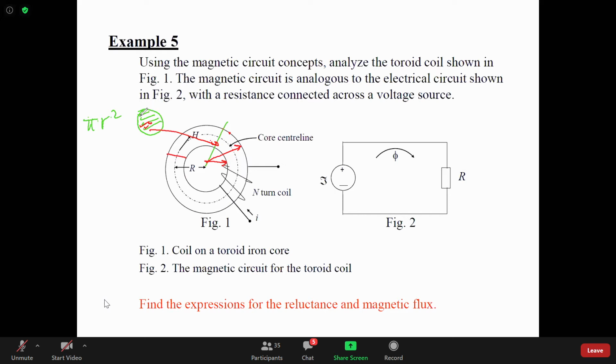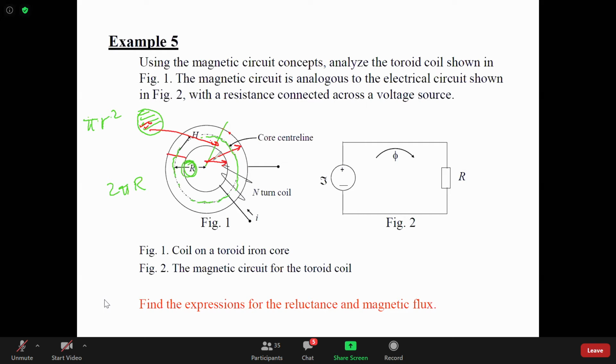The average length, how can we find it? It is this dashed circle also. If it is given, it is 2 pi r, if this r is given.